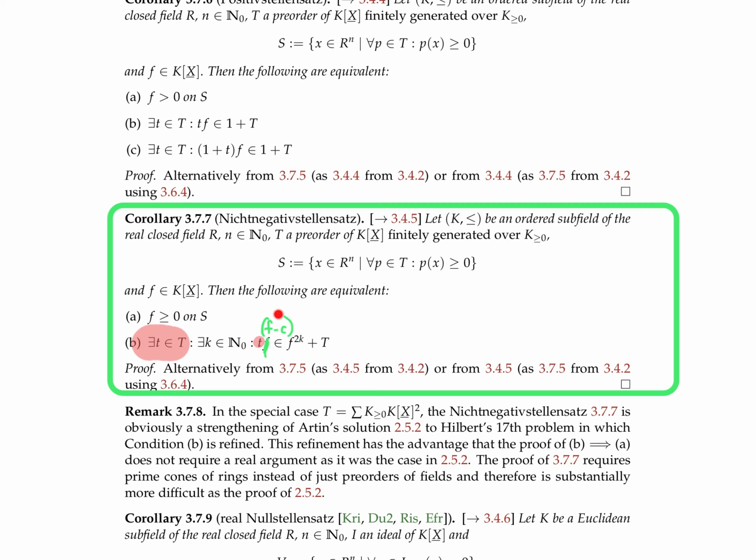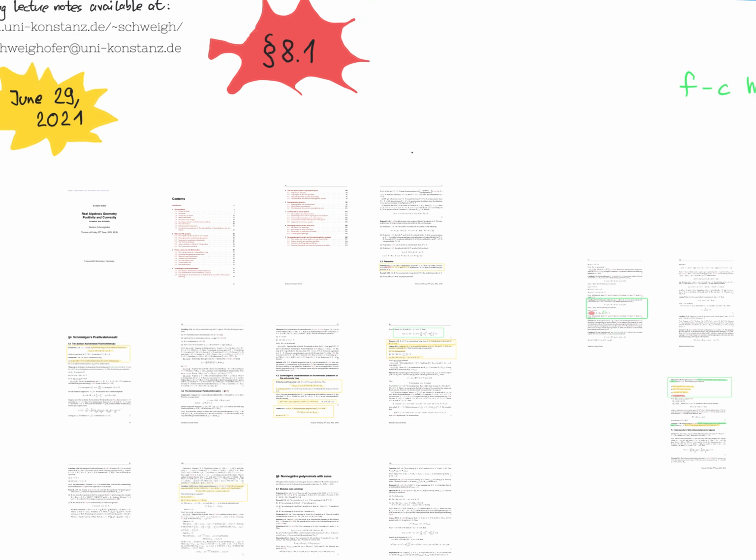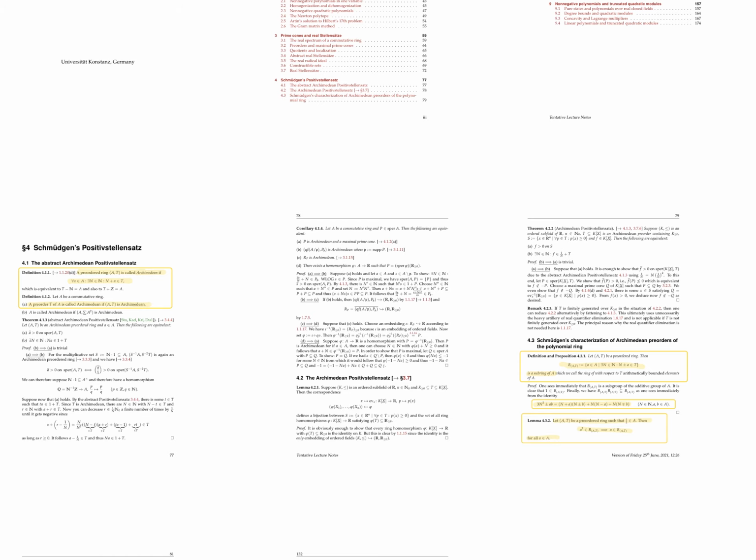I won't go into the details, and maybe you cannot understand it right now, but that's a big problem for this Gram matrix approach if you want to search for these certificates and at the same time maximize c. If you have this denominator, this multiplier, then that gives big problems. It's better with Schmüdgen's Positivstellensatz, if you remember that one.